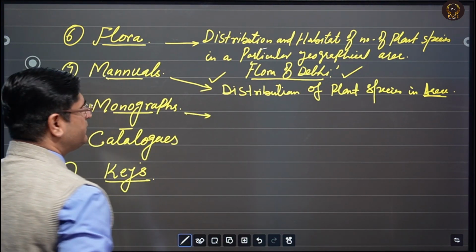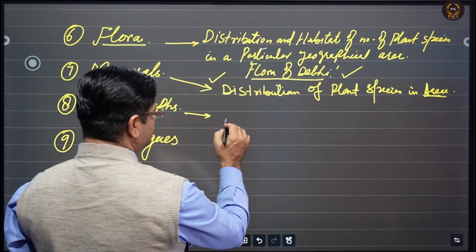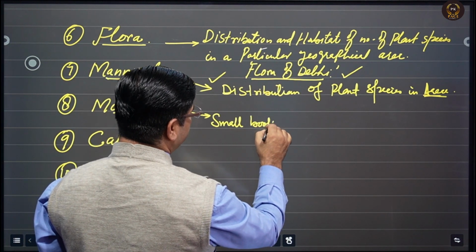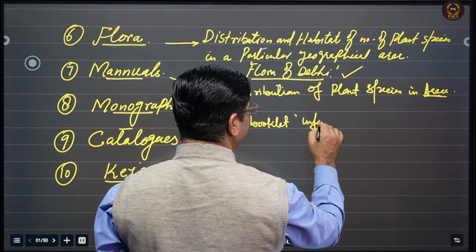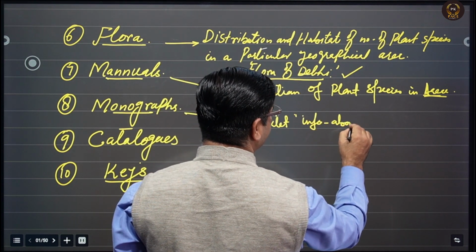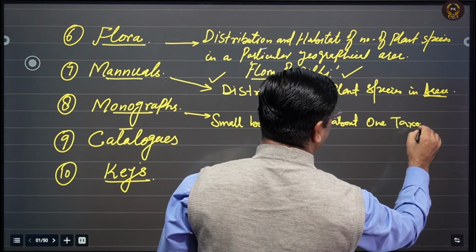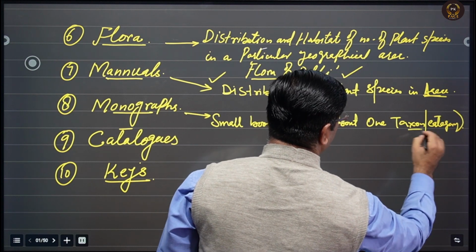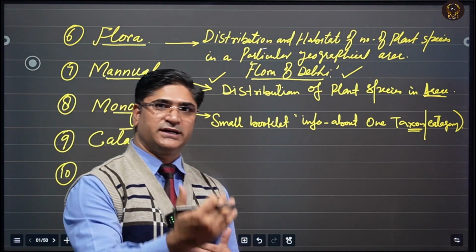In the same manner, monograph. Monograph is a small booklet which gives information about one taxon or category. I have already taken you through the taxonomical hierarchy.